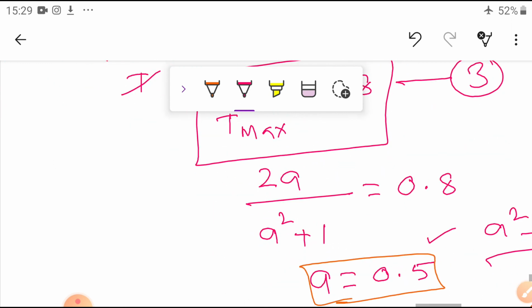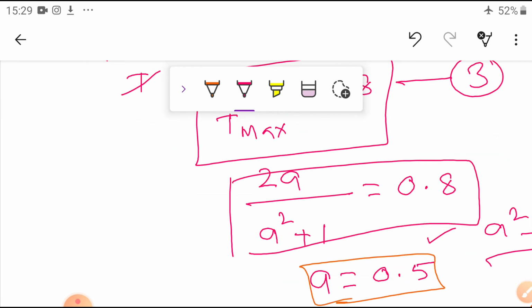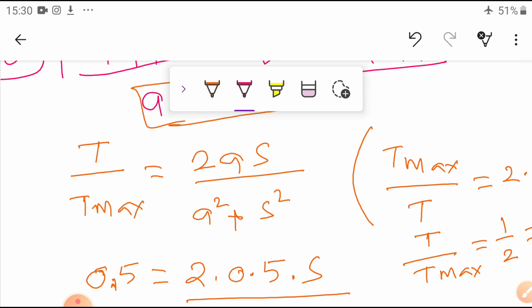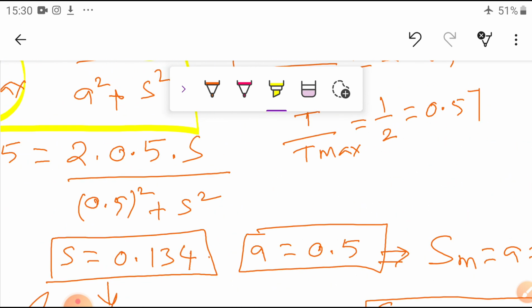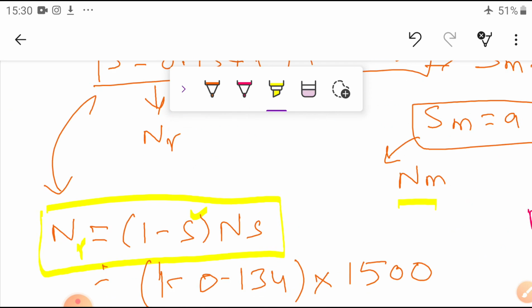Substituting these values here, I get the A value, which relates to the torque at which the maximum occurs. Knowing A, I substitute into the well-known formula for T max by T full load, and based on this S is calculated. S belongs to the full load slip, and from it I calculate the full load speed. So these are the two values we calculated.